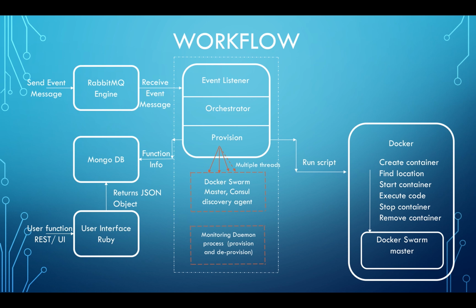Whenever an event comes in via the RabbitMQ engine, the event listener picks up the message and passes it on to the orchestrator. The orchestrator dips into the DB, finds the corresponding mapping, the function parameters, and the function, and passes them on to the provisioning component. The provisioning component interacts with Docker Swarm and creates a container over one of the child VMs and gets the code executed there.